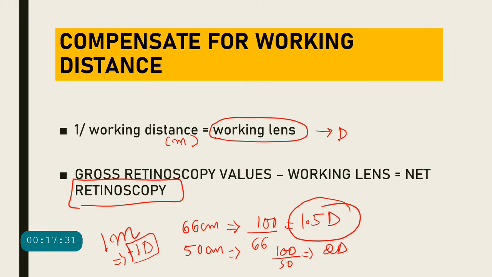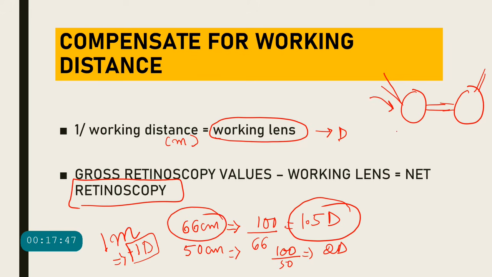Why is it called the working lens? It is called a working lens because some people, while doing retinoscopy, put the compensating lens in the trial frame before starting the retinoscopy. If they are sitting at 66 centimeters, they introduce 1.5 diopters before the procedure itself, and then carry out their retinoscopy on the pre-existing working lens.